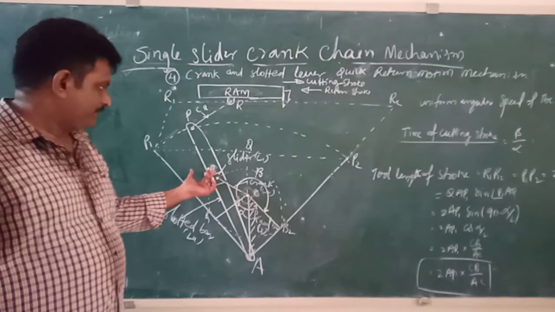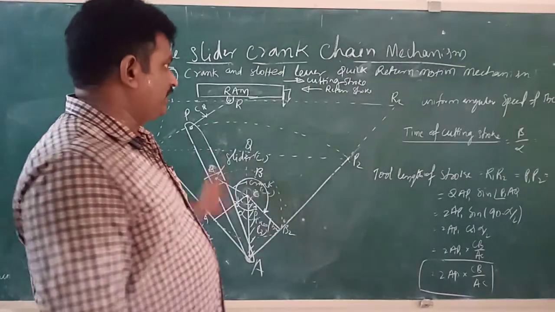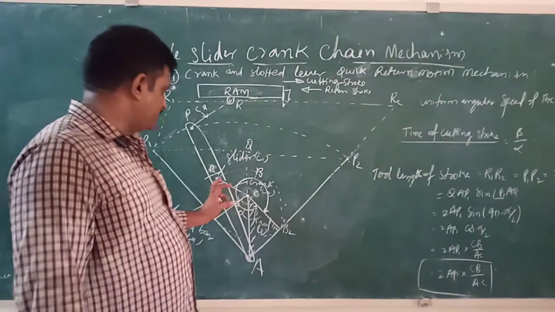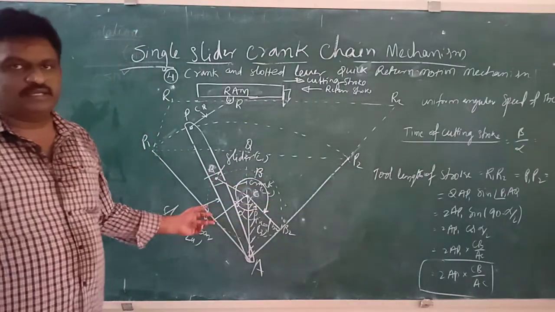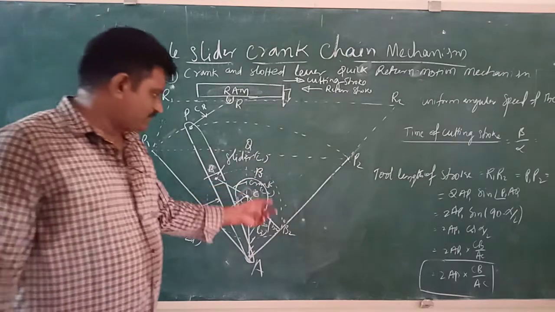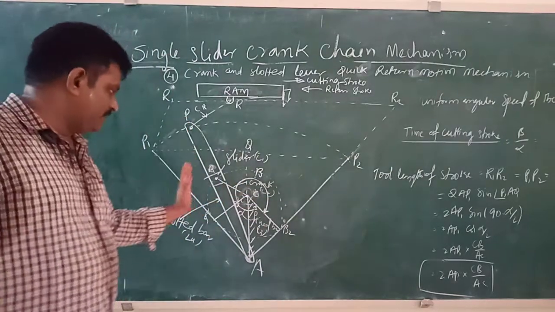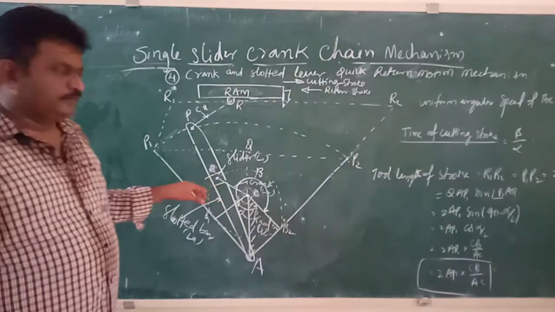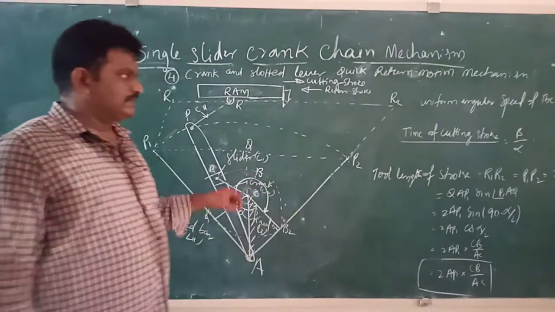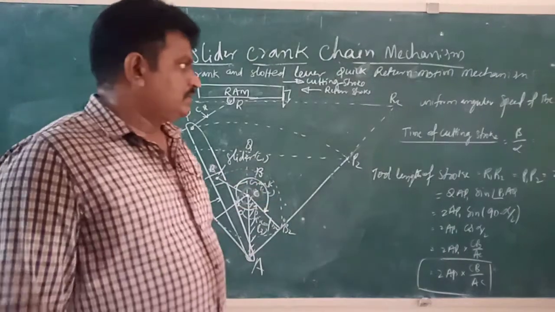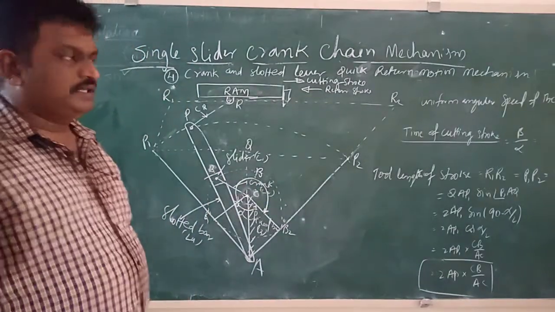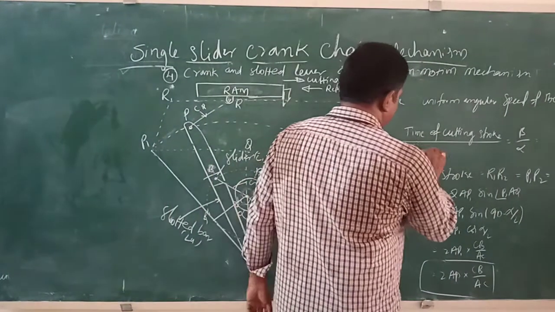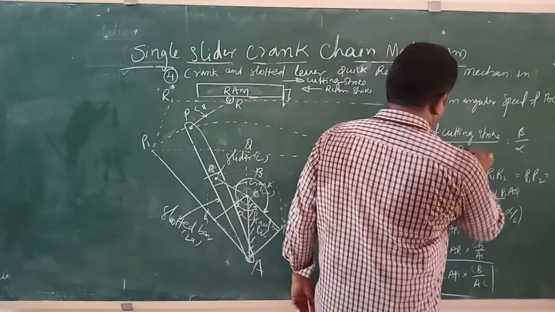Simply put. Next, determine the uniform angular speed of the crank. Basically, the crank totally rotates, with rotary motion, automatically. So the crank totally moves along a 360 inclination. The uniform angular speed of the crank is equal to the time of the cutting stroke divided by the time of the return stroke.